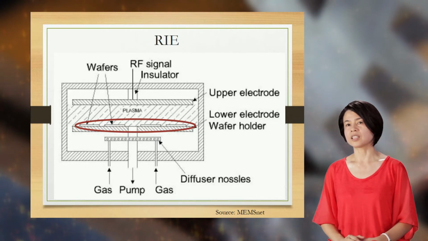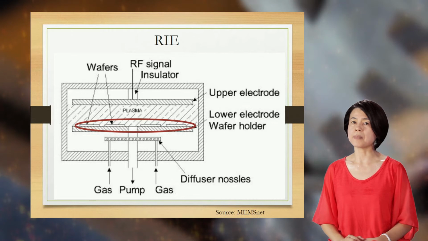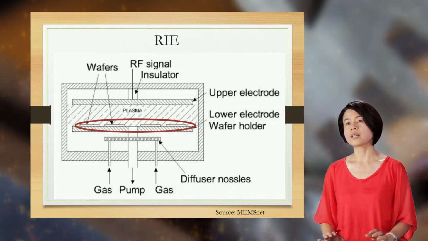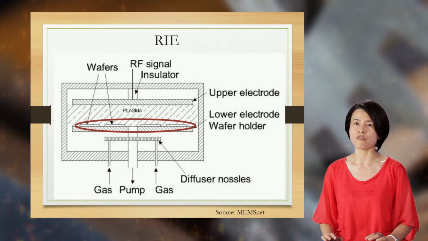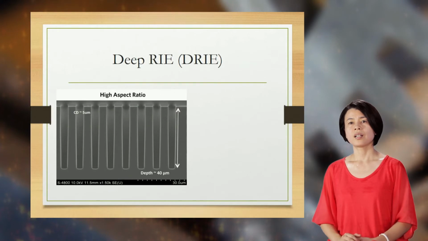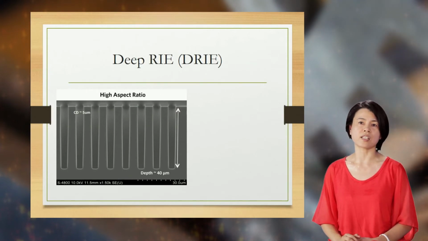Can you figure out the difference between plasma etching and RIE? How could they be different if both of them apply plasma to etch a wafer? Let's look at the photo on the next page, and then probably you can tell the major difference of these two methods. A high-quality RIE can reach a deep channel like you can see in this photo.